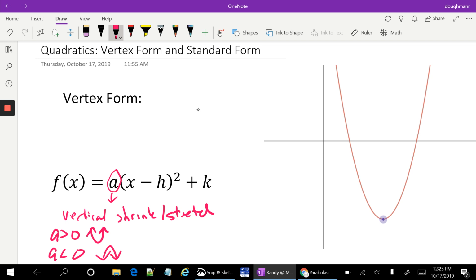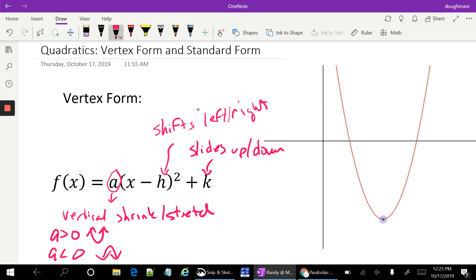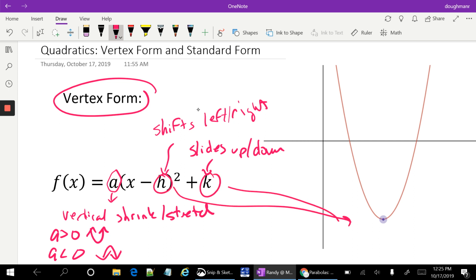All right. h obviously shifts left and right. And k shifts or slides up and down. But more importantly, since we call this the vertex form, h and k are now the coordinates of the vertex.